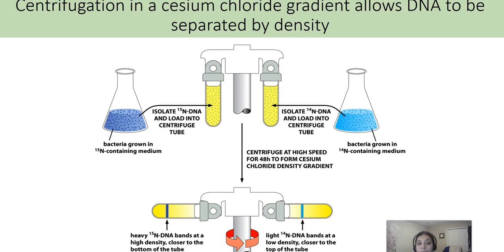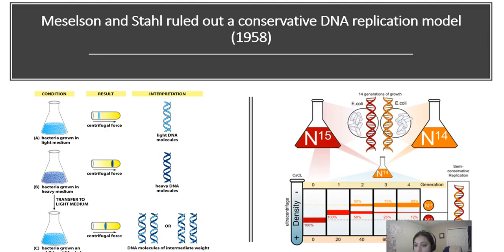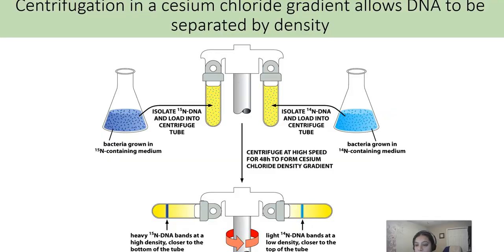They had bacteria grown either in N14, just normal nitrogen-containing medium, or in N15, a heavy, radioactive version of nitrogen present in the culture, which would make the bacteria incorporate either the normal or the heavy version inside the DNA.